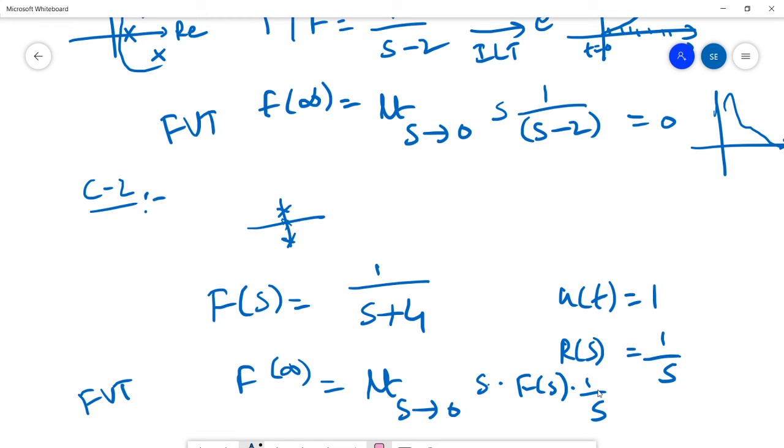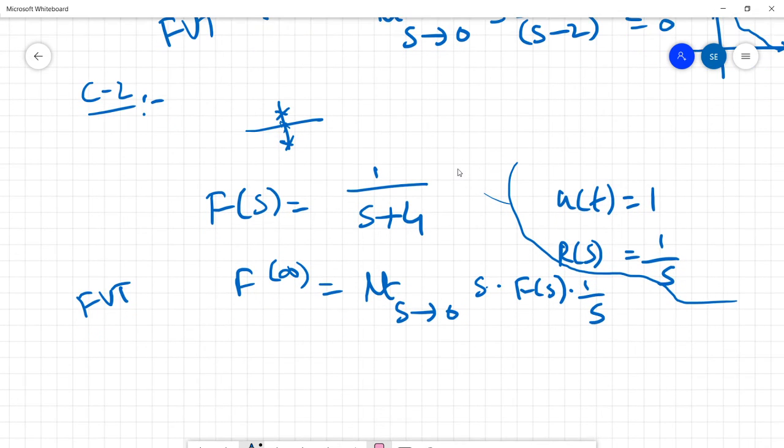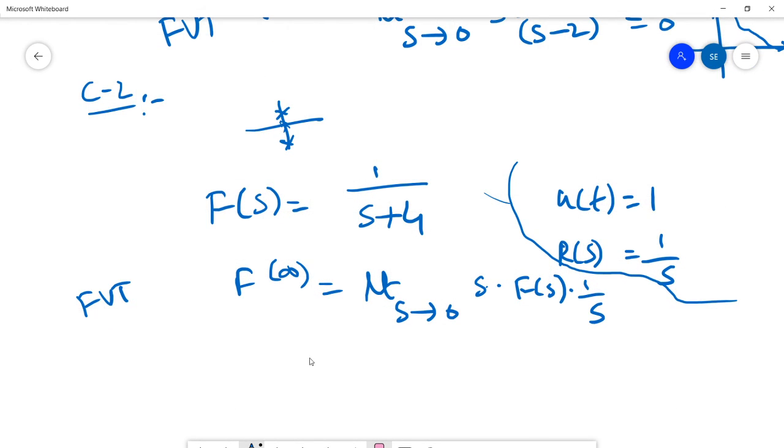Substituting for this particular system, we get limit s tends to 0 of s by s square plus 4. Because our function is s plus 4.